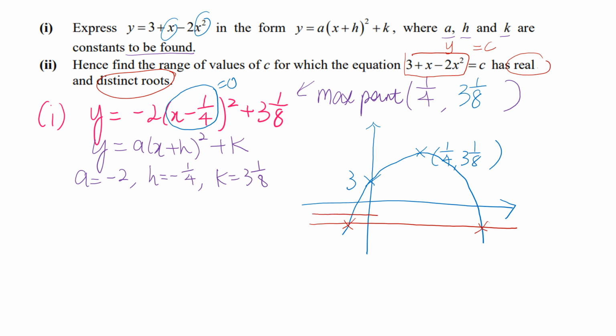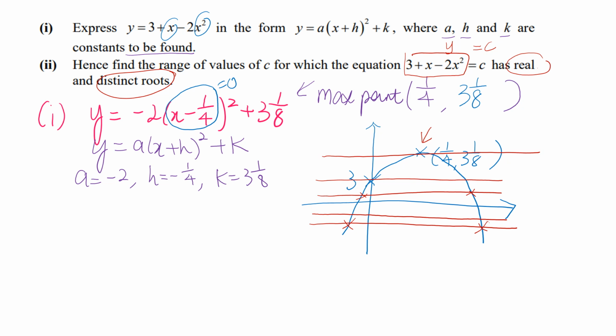My horizontal line y equals c can be like this, and it still gives me 2 intersection points. If it touches at the maximum point, then what happens? You'll see that I will only have 1 intersection point, right? So this is not what I want. I want it to be such that I must always have 2 intersection points.